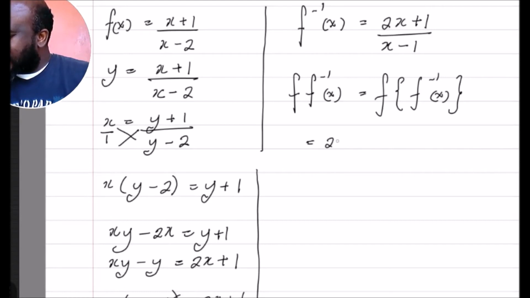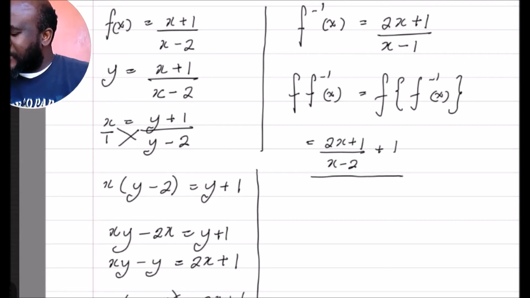So it's 2x plus 1 over x minus 1, plus 1. That's the numerator of f. And the denominator is x minus 2. So it's going to be, take out x and put f inverse of x, which is 2x plus 1 over x minus 1, minus 2.